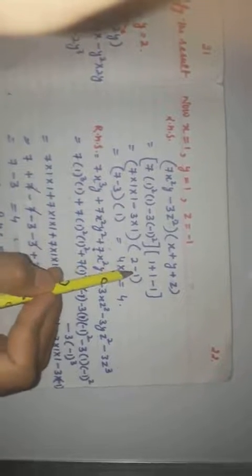Now 1 plus 1, that is equal to 2 minus 1, so it becomes 1. But in this case 1 raised to power 2 is 1 as it is, 7 into 1 into 1, that is 7, 3 into 1, that is equal to 3. 7 minus 3 is 4 and 1 is there, when we multiply we get 4.